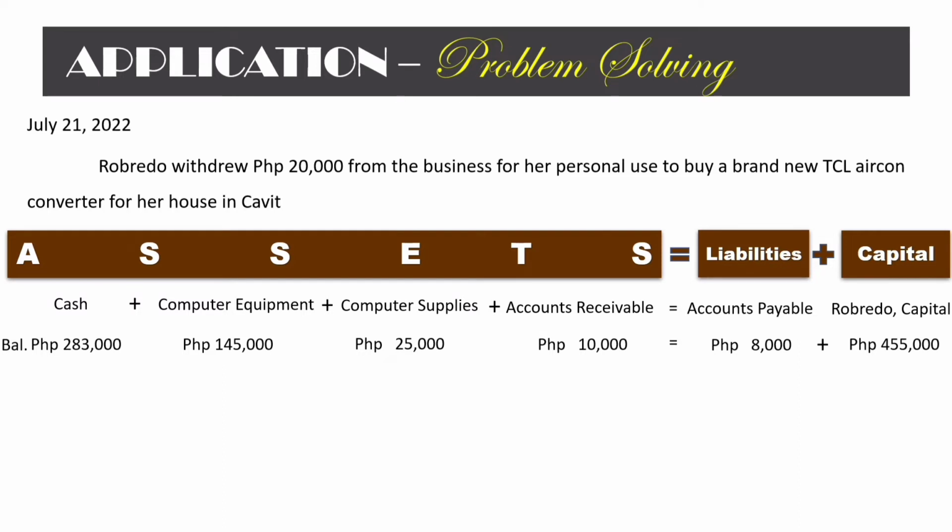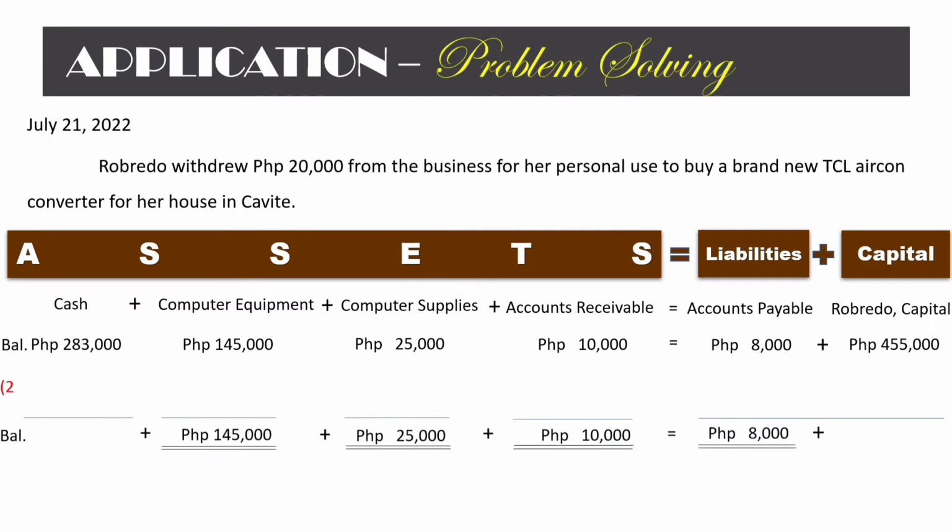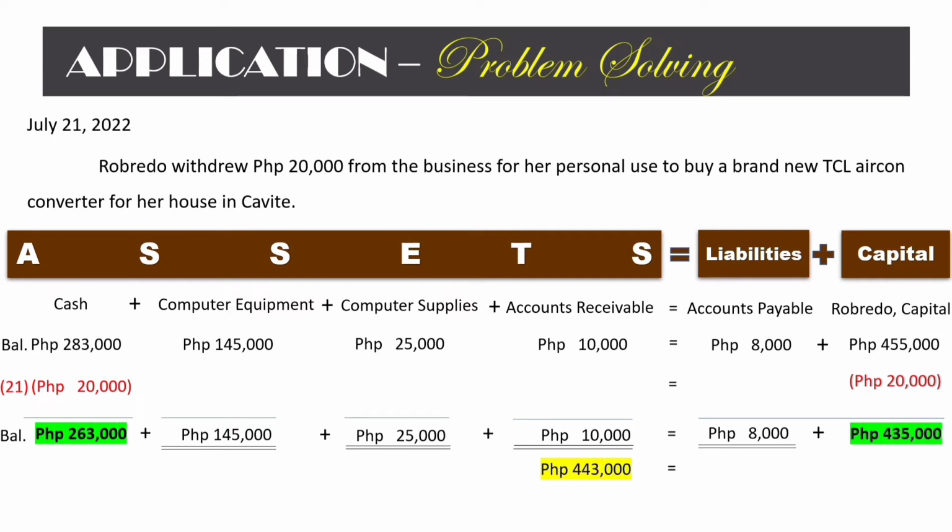The remaining cash is now only 263,000, while the capital is reduced from 455,000 pesos to only 435,000 pesos. While the computer equipment is 145,000 pesos, computer supplies is 25,000 pesos, accounts receivable is 10,000 pesos, resulting to total assets of 443,000 pesos.